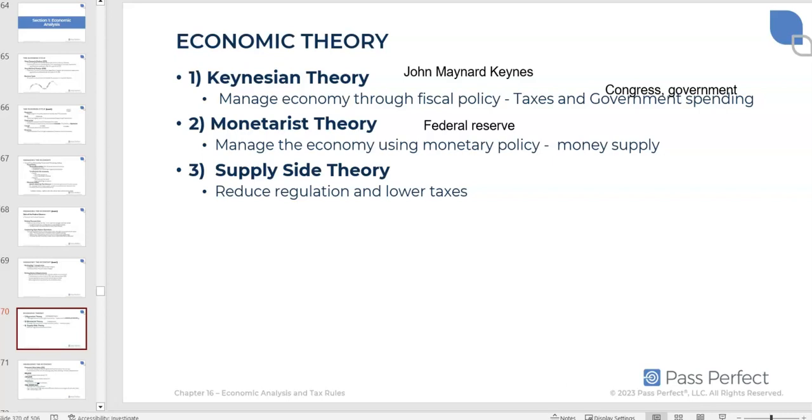In fact, remember in COVID world, we saw all these things going on. We saw Keynesian theory take place in fiscal policy because we got stimulus checks so that people would have some money to keep spending, to keep the economy going.